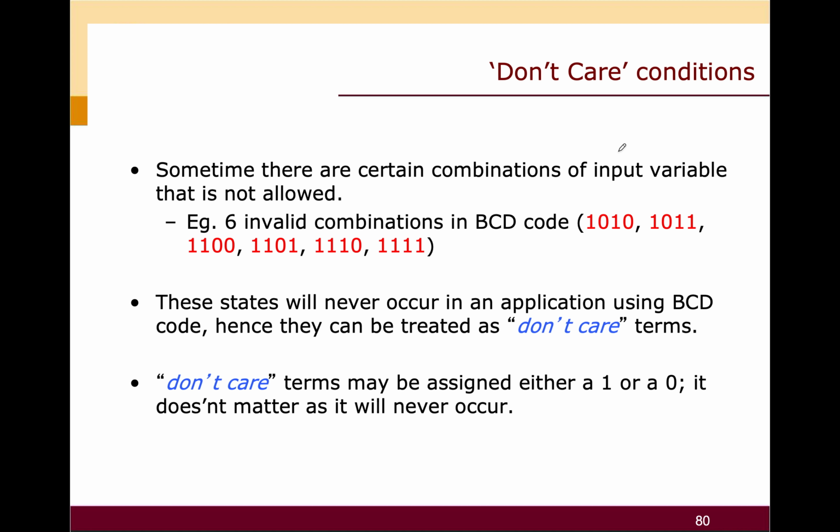Nothing much, only that this part is very important, which is the don't care condition. Sometimes there are certain combinations of input variables that are not allowed. The example is an invalid combination in BCD code. So this one is invalid. You look back at your number system on the BCD code. This is an invalid value.